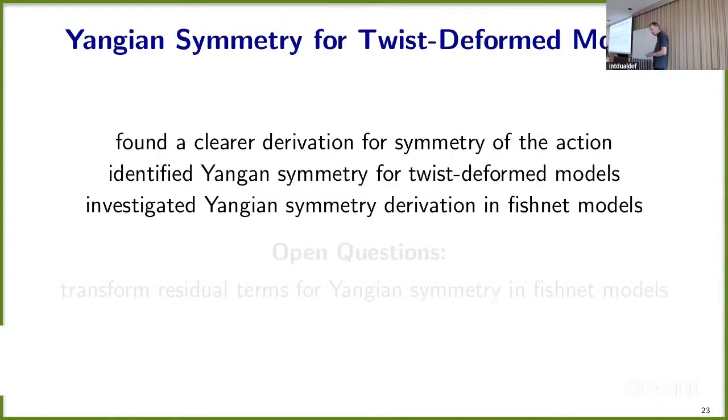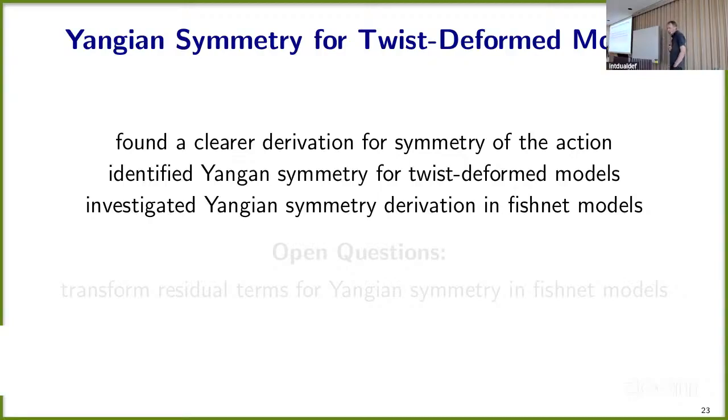So here's my summary of this talk. We've discussed Yangian symmetry for twist-deformed models. First of all, I've presented a clearer derivation for the symmetry of the action in N=4 super Yang-Mills, a bit more convincing than the more ad hoc derivation we had before. We then identified Yangian symmetry for twist-deformed models, which is simplest it could be.